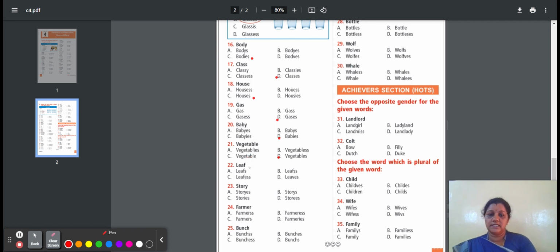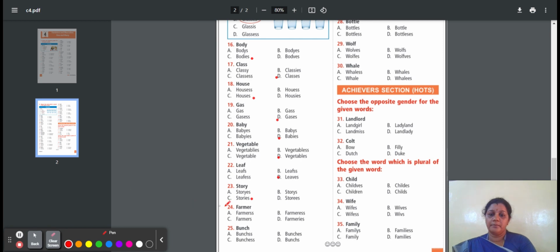So the option is D, leaves. Rest of the options are meaningless. Story. Here this word ends with Y, so we have to remove this Y and add IES. So the option is C, stories. Rest of the options are meaningless.